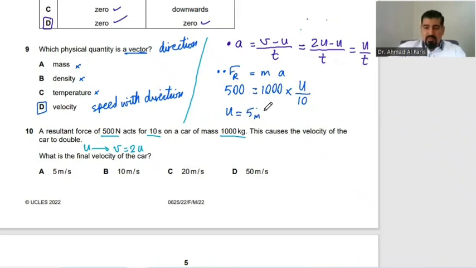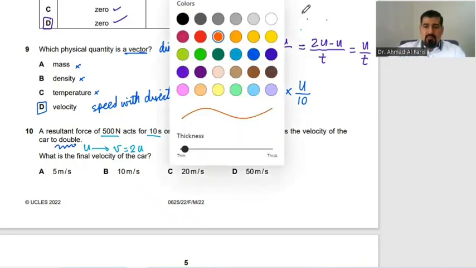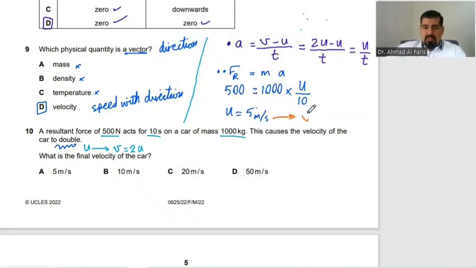u is 5 meters per second. So if I use the statement that the velocity is doubled, that means the final speed v equals 2u. That means 2 multiplied by 5, and the answer is 10 meters per second.